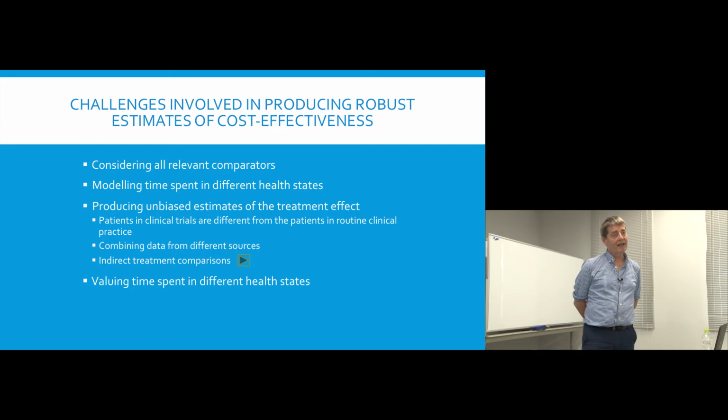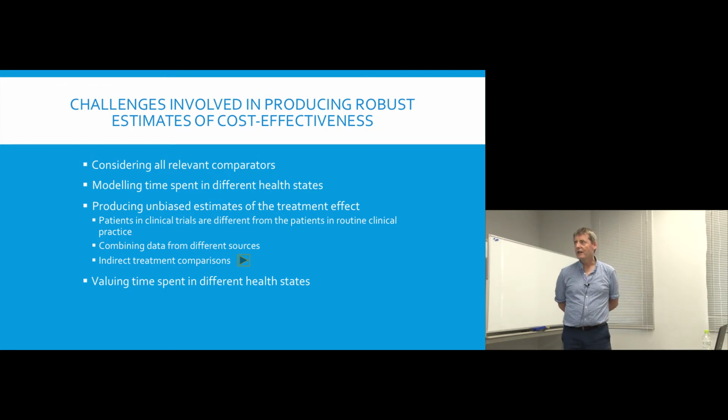Now, occasionally you've just got a single trial, there is no other estimate of the effect. But quite often, you've got a series of studies that tell you something about how well the treatment works. And the challenge is how to make the best use of that series of studies.